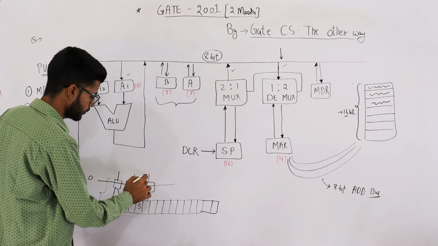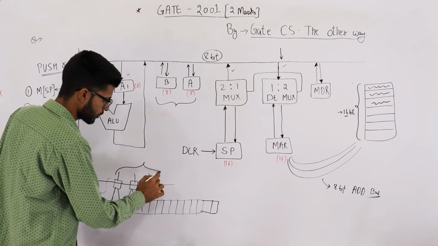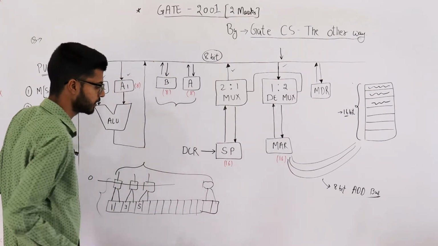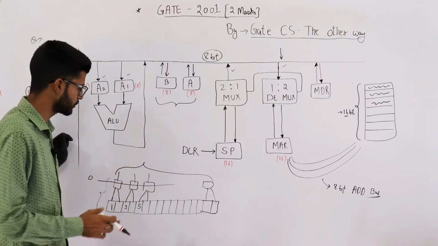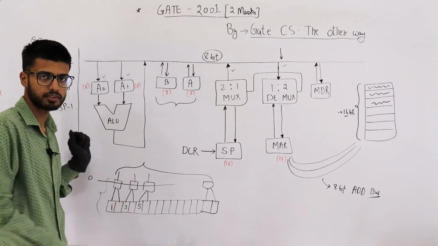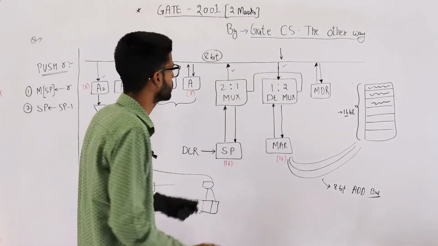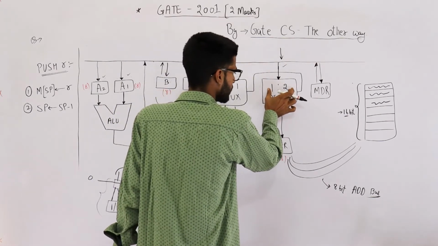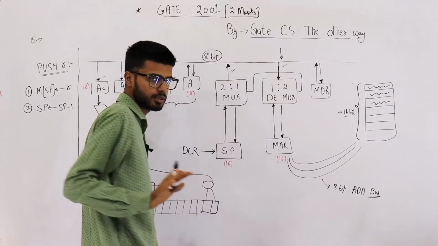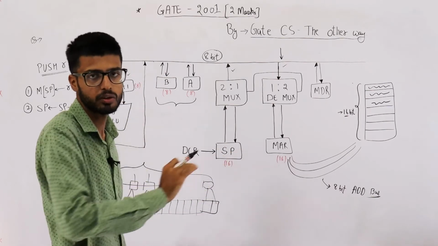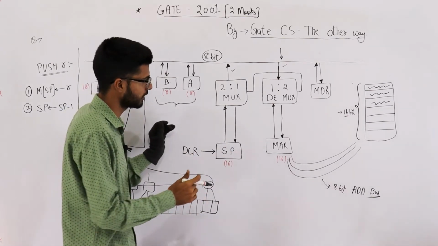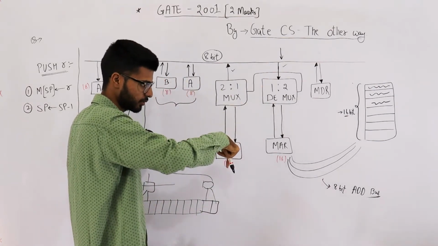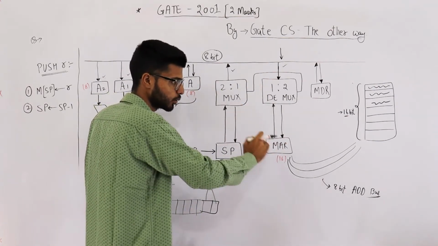So the output of all these MUX will be the odd bit positions, because each MUX is going to select its first input. So the odd bits will be transferred onto this bus. In parallel, this DEMUX will transfer the value onto the corresponding positions only, because this will take one bit as its input and will be giving 2 outputs.